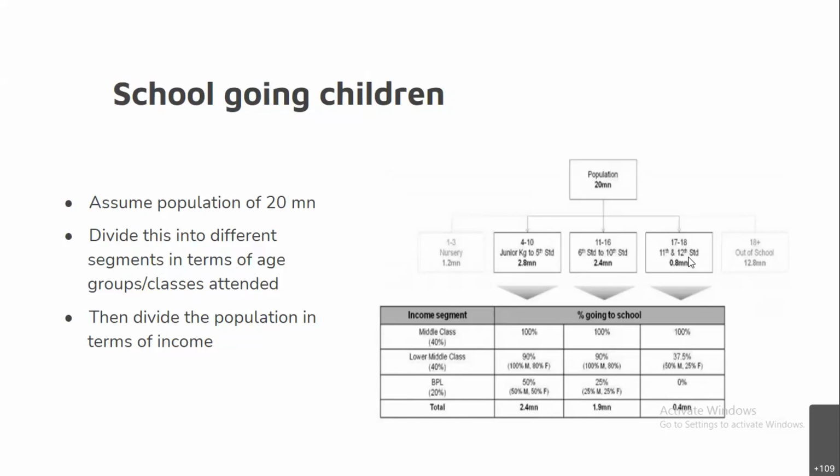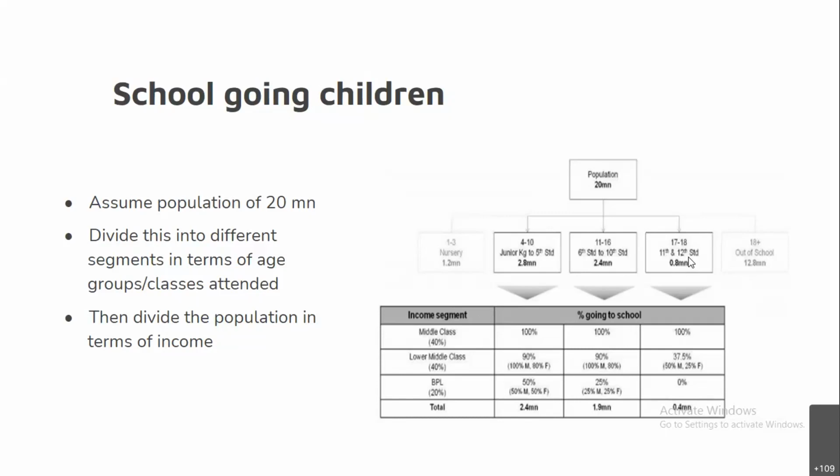We don't consider them. And then we assume values for each of these segments. Now, the values that you take are 1.2 million, 2.8 million, 2.4 million, 0.8 million, and 12.8 million. All these values are assumed values or percentages of the original 20 million.